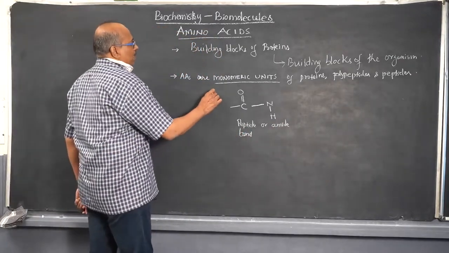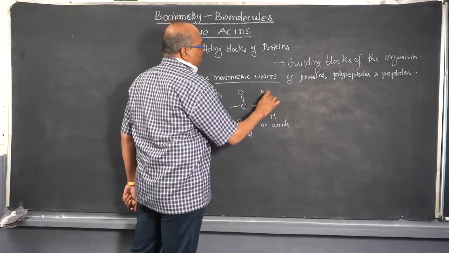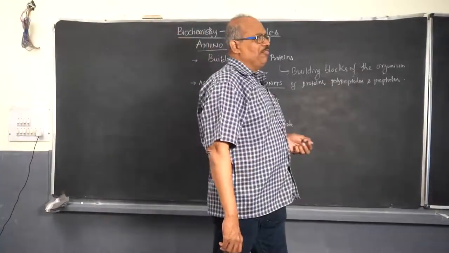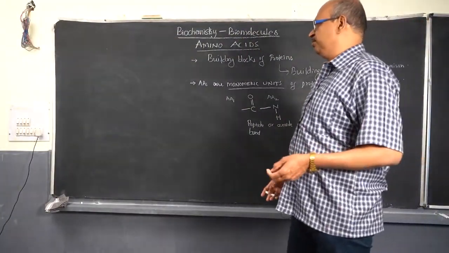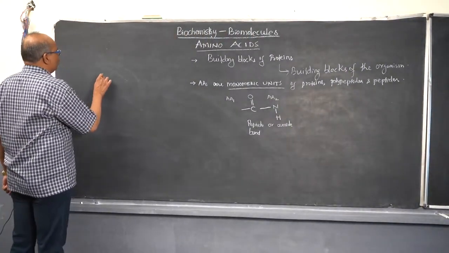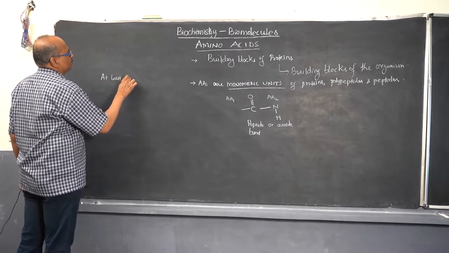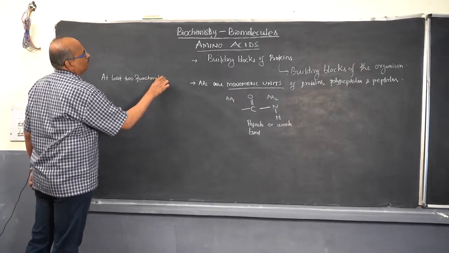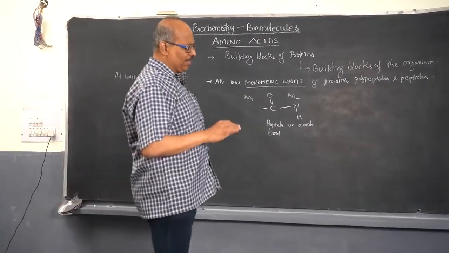So this corresponds to amino acid 1, this corresponds to amino acid 2. Defining the amino acids is based on their functional groups. So when you look at an amino acid, you have at least 2 functional groups. So these 2 functional groups we find in every amino acid.